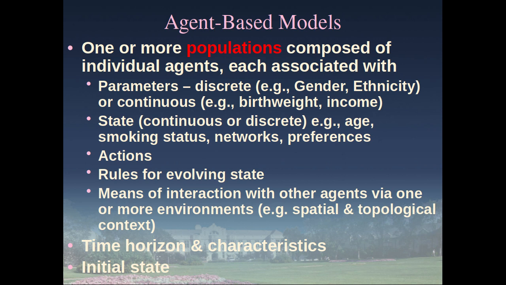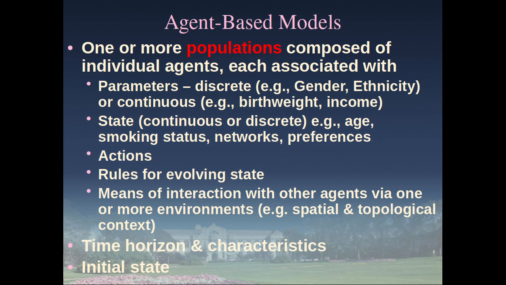They have certain actions that they can undertake that change that state, and rules under which those actions are undertaken, and they have some means of interacting with other agents or the environment. So they can pollute the environment with prions, or they can communicate a norm to a neighboring agent, for example, or engage in needle-sharing behavior that transmits hep C to a neighboring agent.